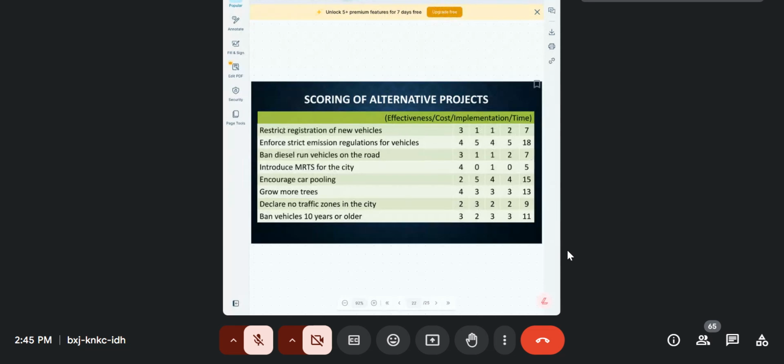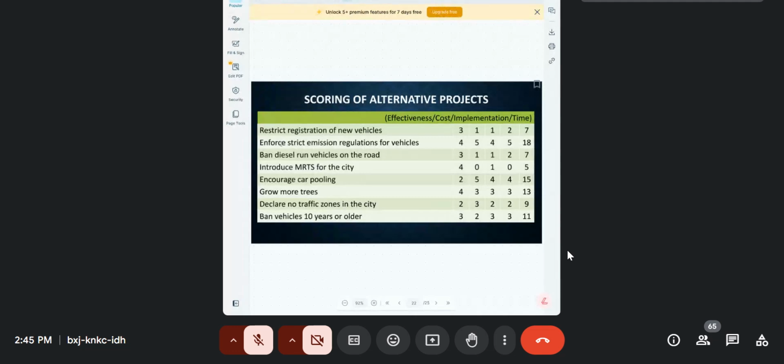So for example, let's say restrict registration of new vehicle. The effectiveness gets a score of 3, cost gets a score of 1, implementation gets a score of 1, and time gets a score of 2, giving a total of 7.